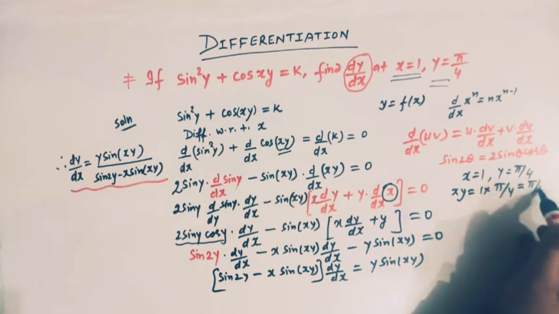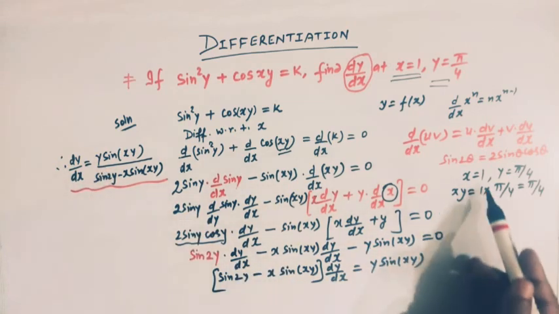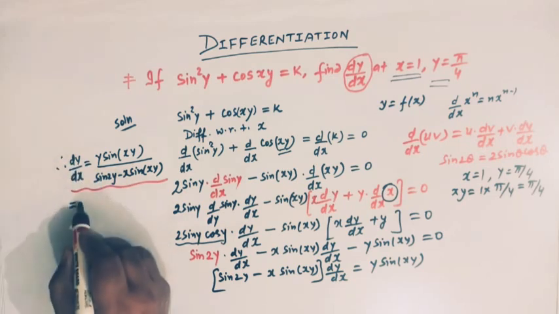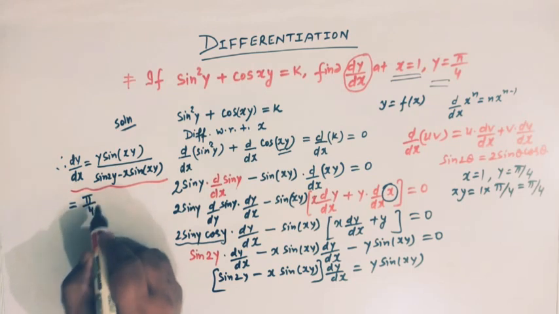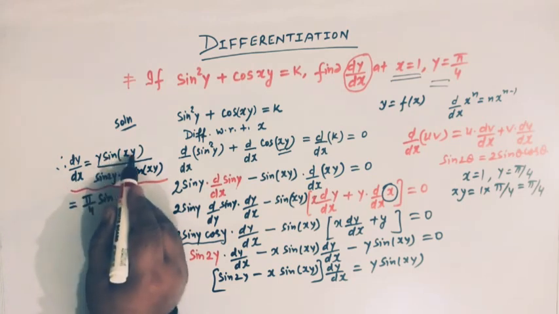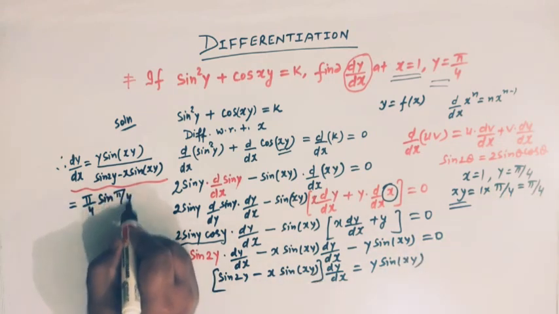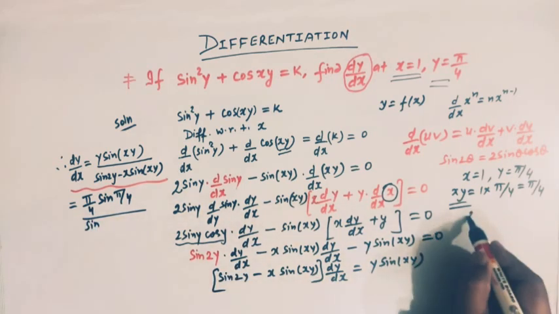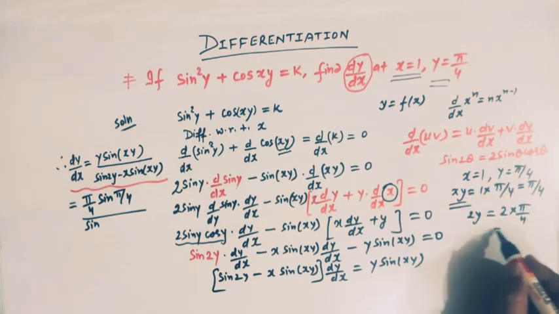So we have pi by 4, and if we substitute these values over here, then we get dy over dx is equal to y is pi by 4, and here we have sin xy, and xy is pi by 4, divided by sin 2y, and the value of 2y is 2 times pi by 4 because y is pi by 4, and here we have pi by 2, right?